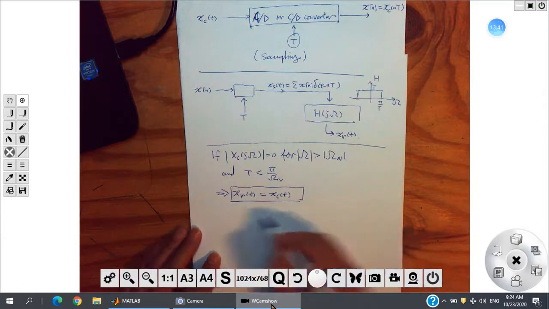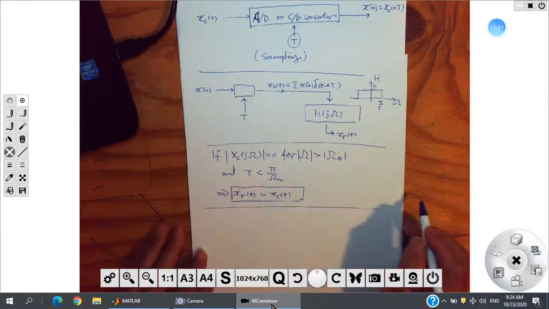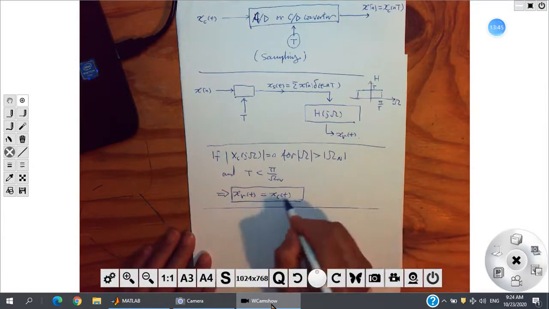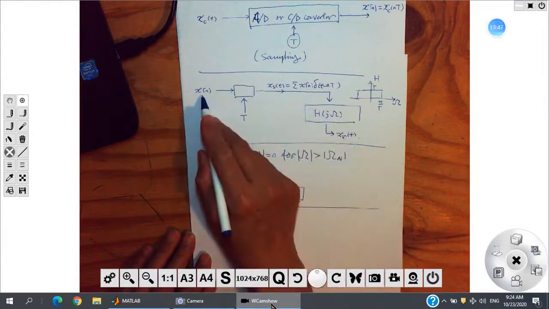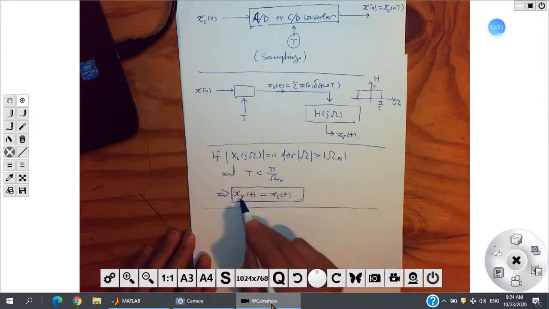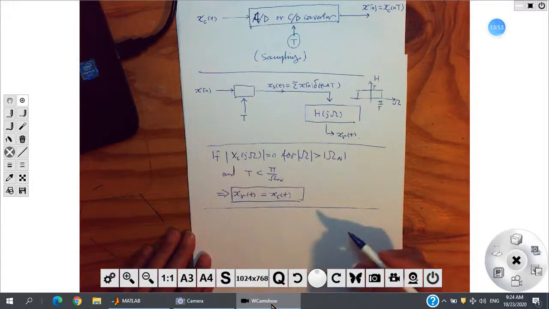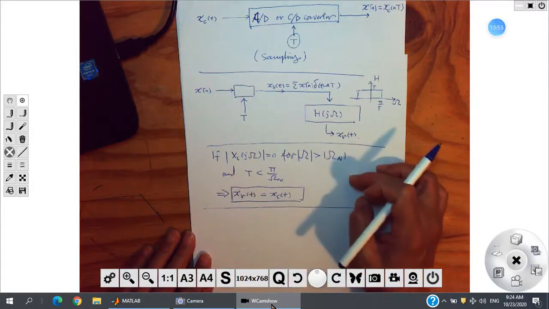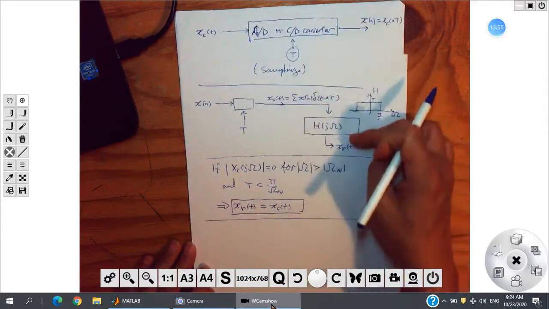We do the restore successfully. We have the original signal, starting from the sample data. In this way, we can have the original signal. Xr is just xc.